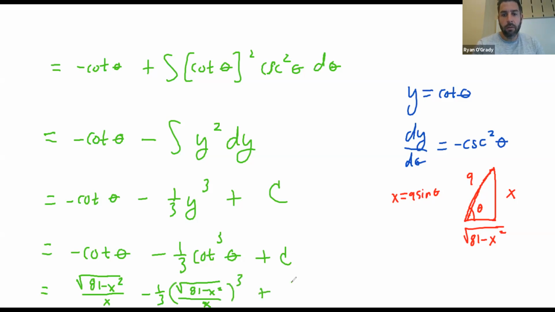Holy moly. I mean, that is an absolute fiasco. We can check it though. If we differentiate that, we better get what we started with before. Wow, that was brutal.